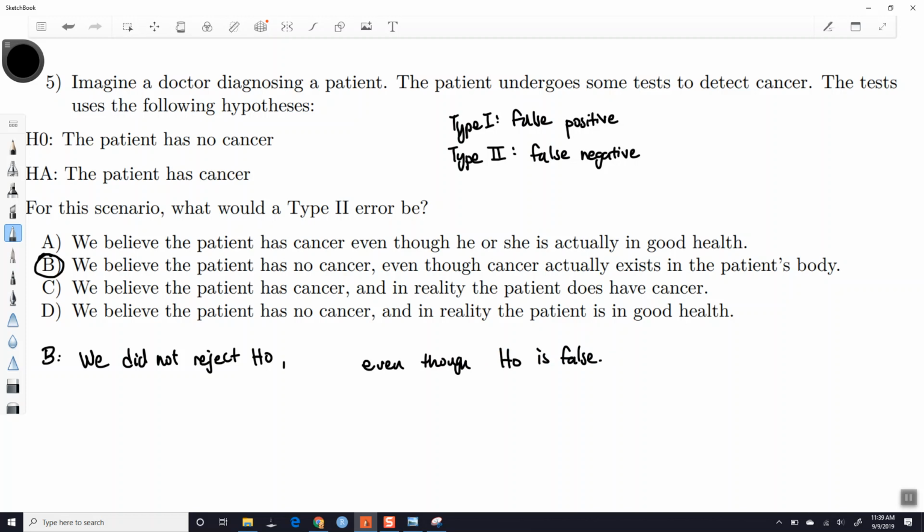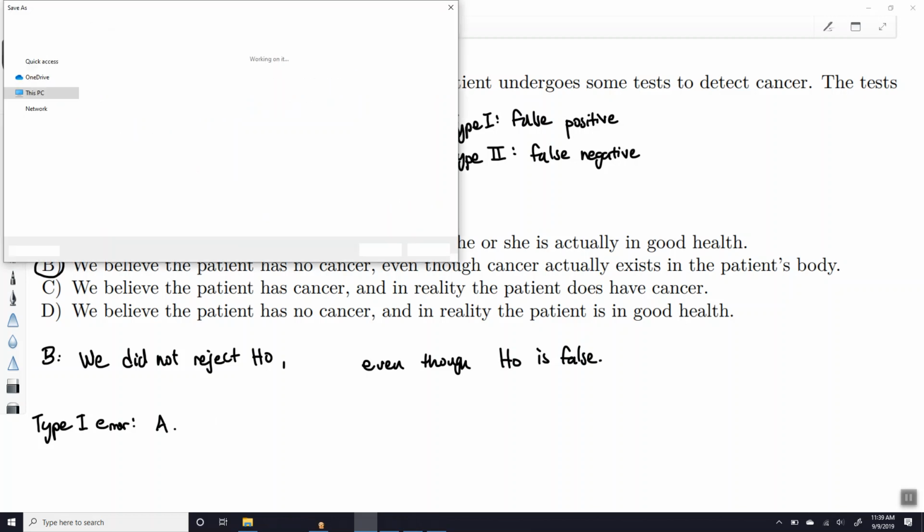We should have rejected it. Okay, so that's a type 2 error. What's a type 1 error? Type 1 is answer choice A, okay? We believe the patient has cancer even though he or she is actually in good health, okay?